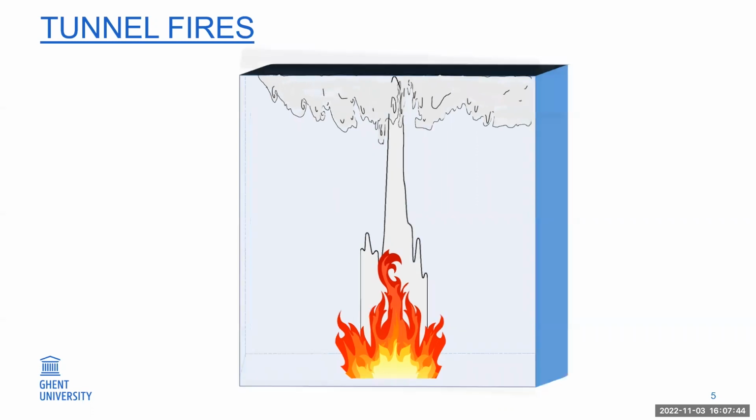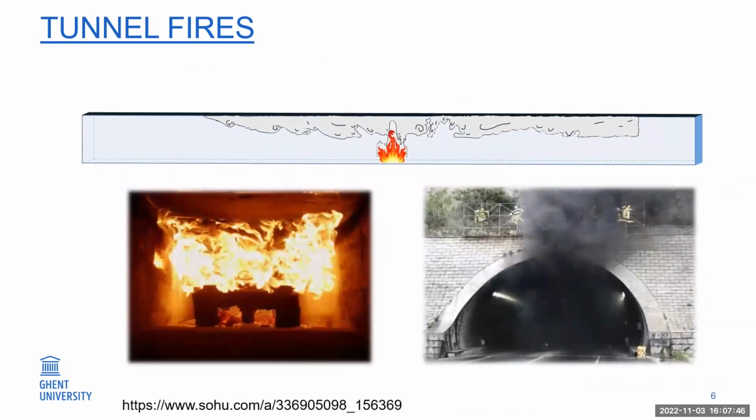However, if the space is narrow and long, in this case, the smoke will not always rise, induced by the buoyancy. So if a fire breaks out in a tunnel, the smoke will spread along the upstream and downstream of the tunnel.